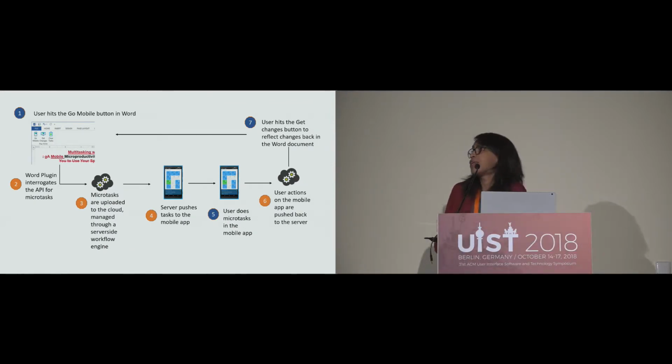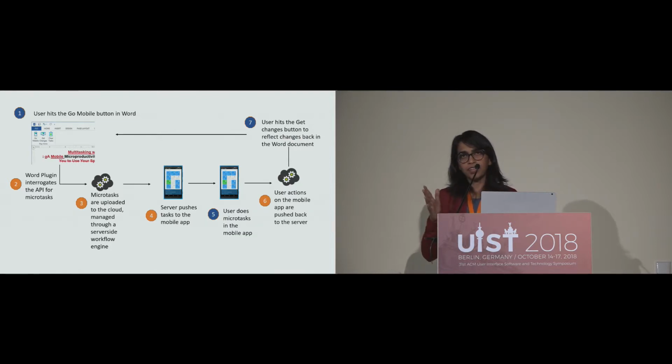So this is what is happening under the hood. So in the Word interface, there is a Go Mobile button. So before you are about to leave your Word document, you would hit the Go Mobile button. And then there is a Word plugin that interrogates the API to get the microtasks. The microtasks are uploaded to a cloud server, and this is managed through a server-side workflow engine.